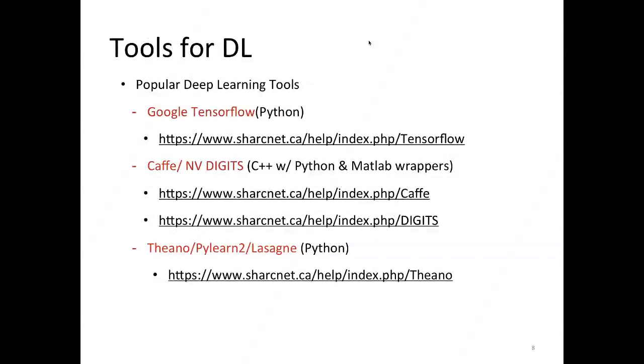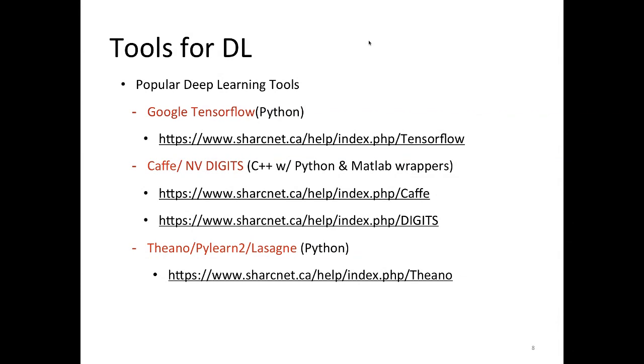Okay, so some popular tools for deep learning research these days. I believe the most popular tool nowadays is Google TensorFlow. It's a Python-based tool, and we have a website talking about TensorFlow. I will show you later. Some other popular tools are Caffe and Nvidia DIGITS.